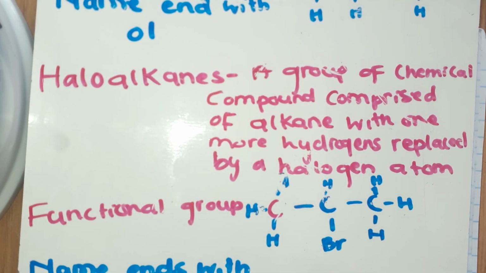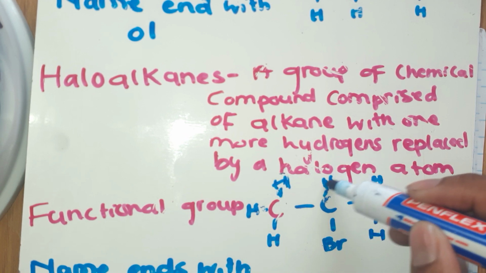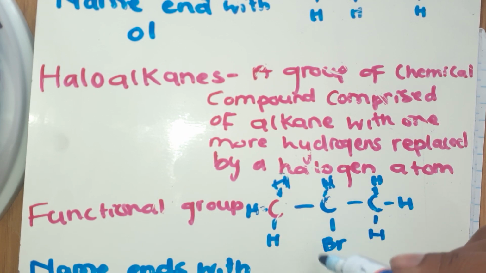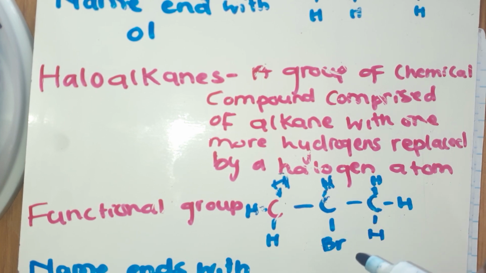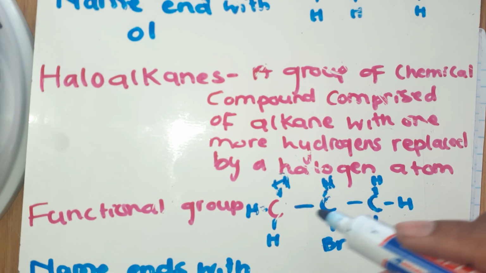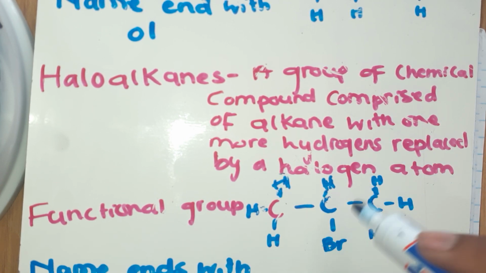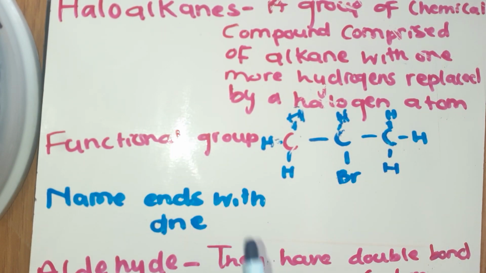So here they've just included the Br. So it can be Cl, At. Whenever you see something that is not hydrogen, carbon, or oxygen, and you see something different, just know that is haloalkanes. And the name ends with A, N, E.